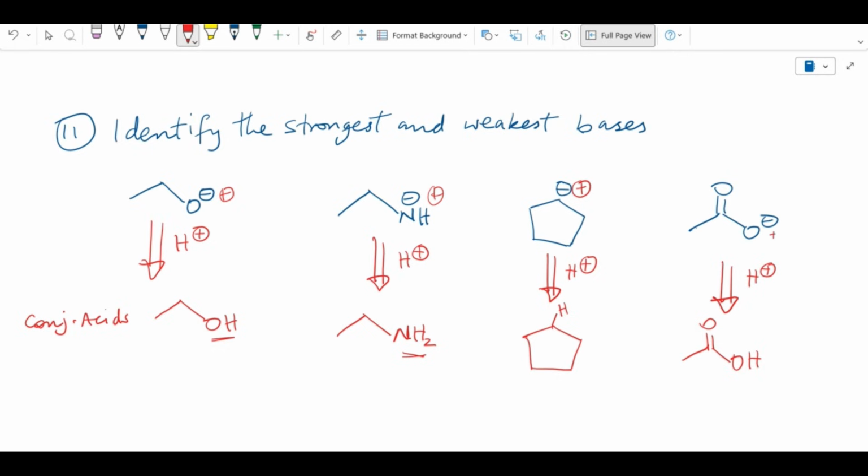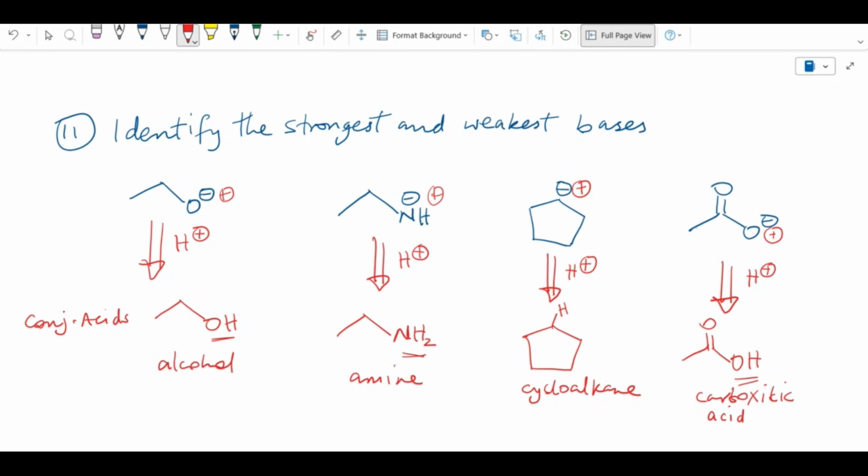Give this oxygen a positive charge, and you have a neutral carboxylic acid. So you have alcohol, amine, cycloalkane, and carboxylic acid. More specifically, you have acetic acid here.